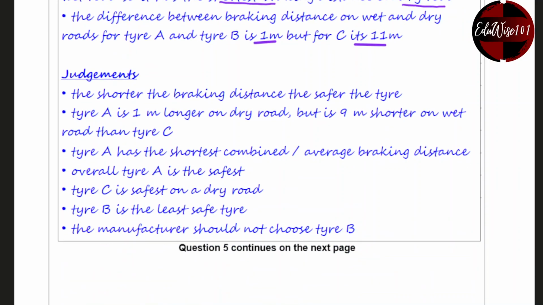Tire A has the shortest combined average braking distance. Overall, tire A is the safest. Tire C is safe on dry roads, but not on wet roads. Tire B is the least safe. The manufacturer should not choose tire B.